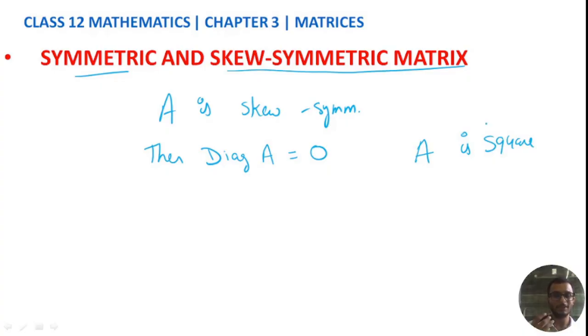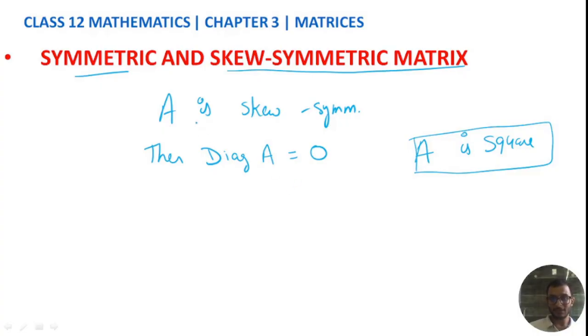Then only you can compare two matrices, that A is equal to A transpose. So to say that A is symmetric or skew symmetric, A should be a square matrix. That is the condition. Sorry, I forgot to tell you that this condition is necessary first.